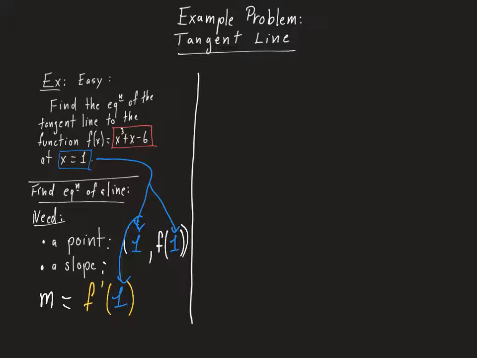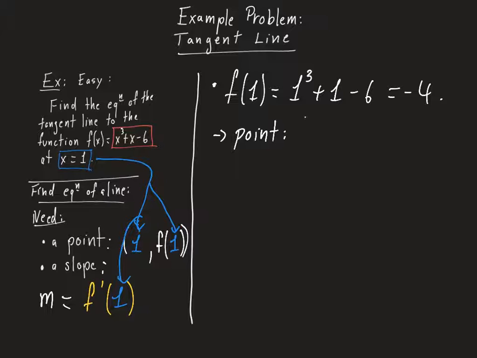So you need two pieces of information. First off, we need to evaluate f of 1. In this case, f of 1 is 1 cubed plus 1 minus 6, which equals negative 4. So this is going to be our y value, and therefore our point is 1 comma negative 4.